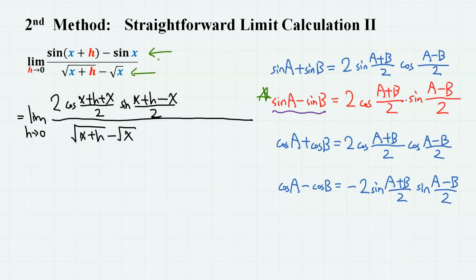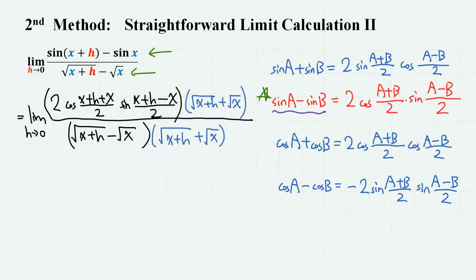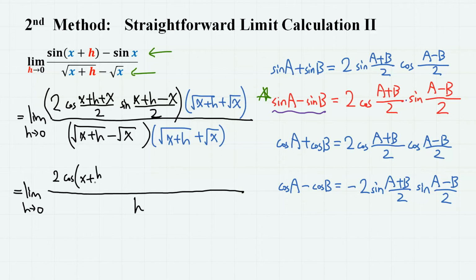And for the square root part, we do the same rationalizing the denominator thing. So here we have already seen that the denominator becomes h, and in the numerator we have 2 times cosine of (x plus h over 2) and sine of h over 2, then the square root part.